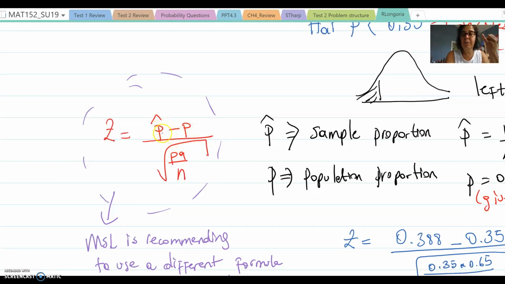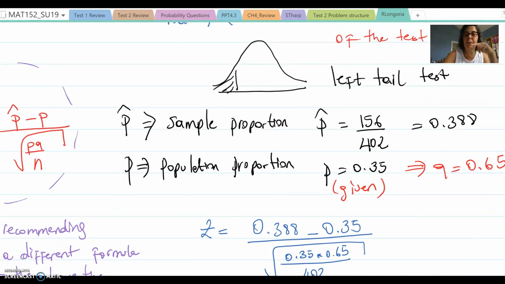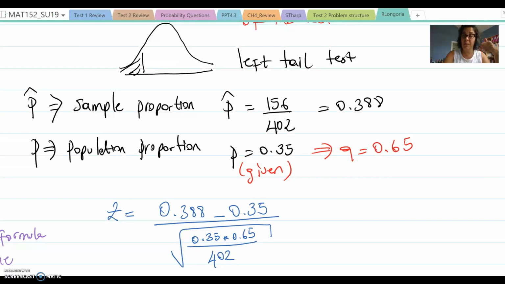So P hat, sample proportion, minus population proportion, all over population proportion times the complement of population proportion, all over sample size. Okay, so P hat is sample proportion, P is population proportion. The population proportion must be coming from the hypothesis testing structure, right?